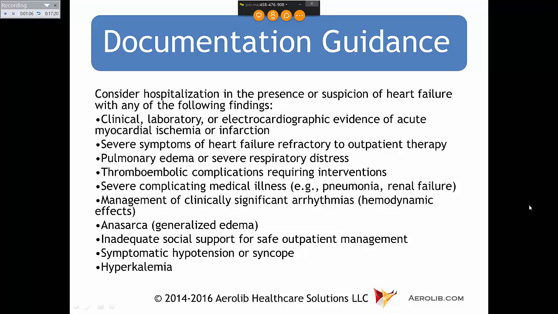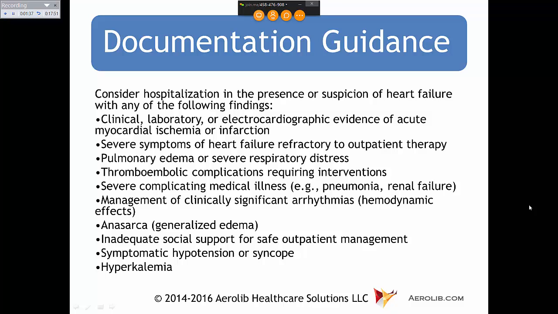Now, if there are arrhythmias, that generally helps to bill as an inpatient, and a lot of the peer-to-peers that we've done when we have heart failure, whether it's ventricular tachycardia or sinus pauses, any form of arrhythmia does show that the intensity of disease process is much higher than a simple CHF. Generalized edema, whether there's liver failure in addition to the CHF. Inadequate social support for safe outpatient management.